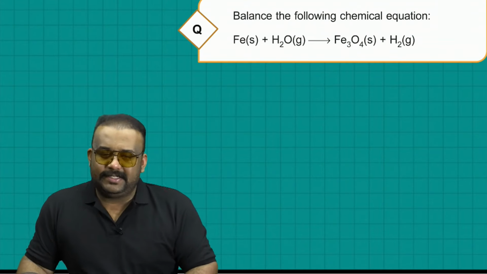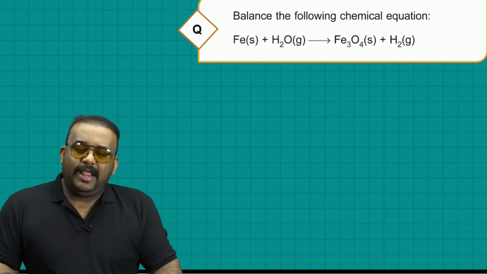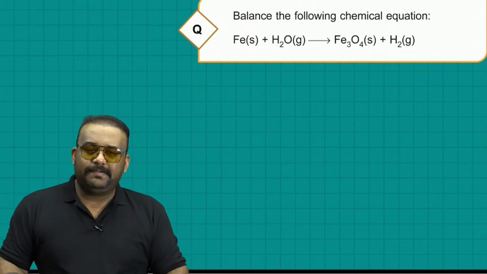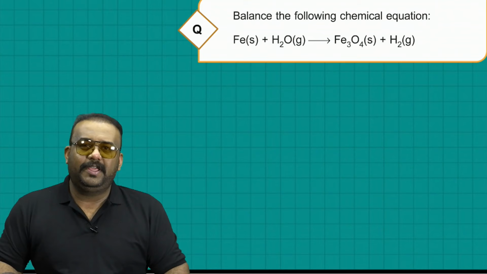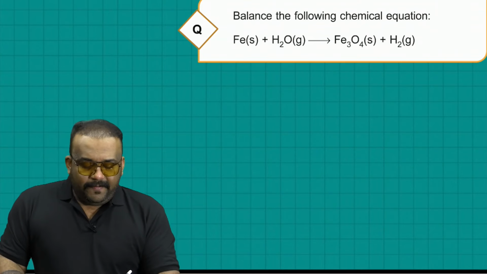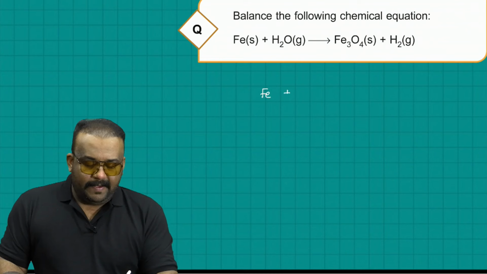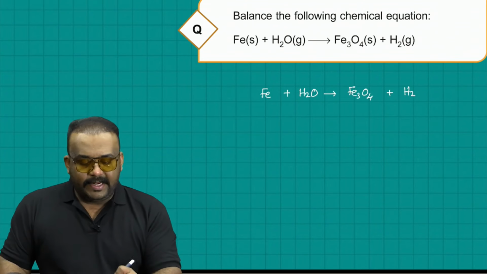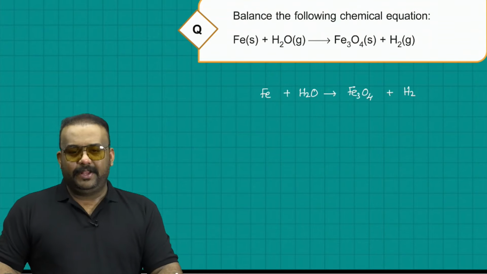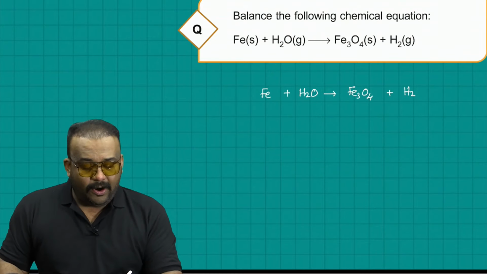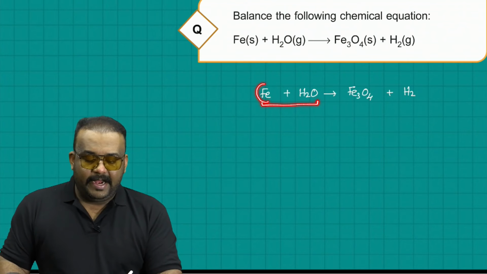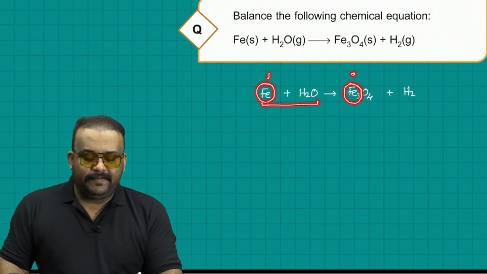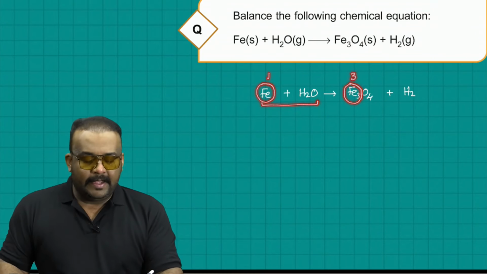So the law of conservation of mass says the total mass of the reactants must be equal to the total mass of the products. If you look into the equation given here, Fe plus H2O giving Fe3O4 plus H2, we can see that this equation does not satisfy the law of conservation of mass, because on the left hand side the number of iron atoms is 1, but on the right hand side there are 3 atoms of iron.